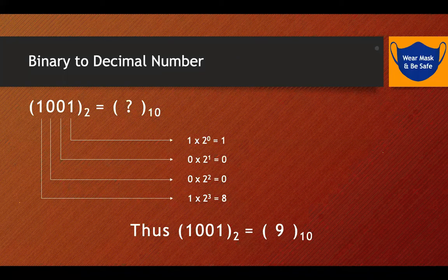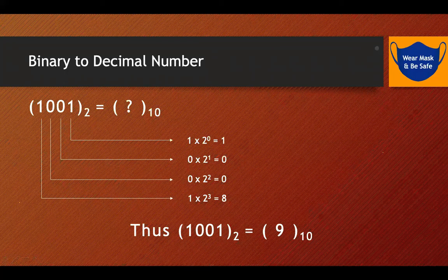Done. Now we have to multiply it. So here, for 2 power 0, the power of 2 is 0, so we will not count this particular 2. We will take 1 directly, because the power of 2 is 0.